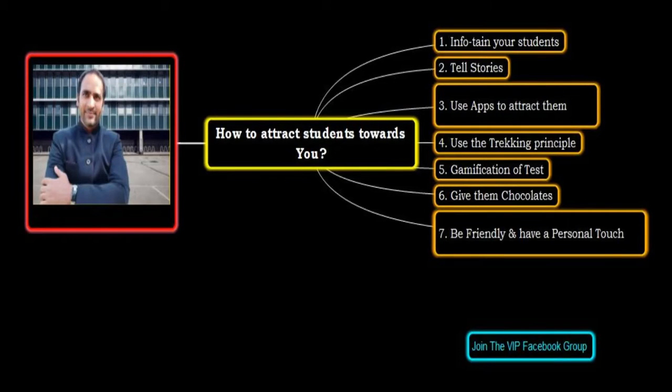Point number 2 is tell stories. All of us, irrespective of our age, love stories. Your students are no different. Classroom teaching at times becomes monotonous. Do you agree with it? I found my classes monotonous when I was a student. Imagine 1 hour of a lecture given by 4 or 5 different teachers back to back on a daily basis.